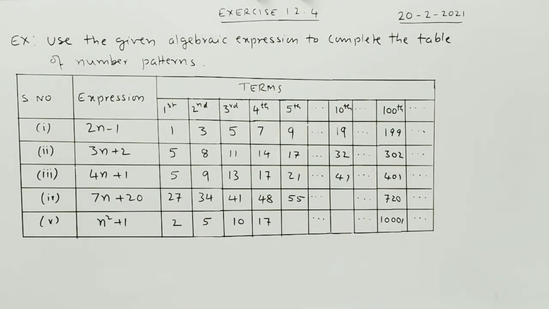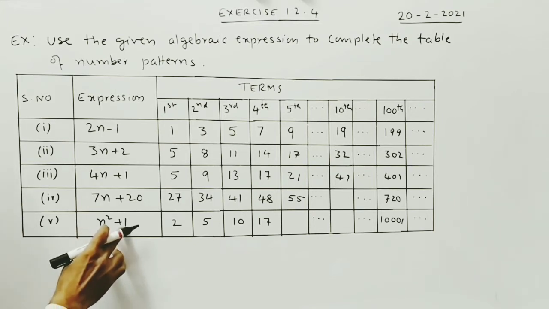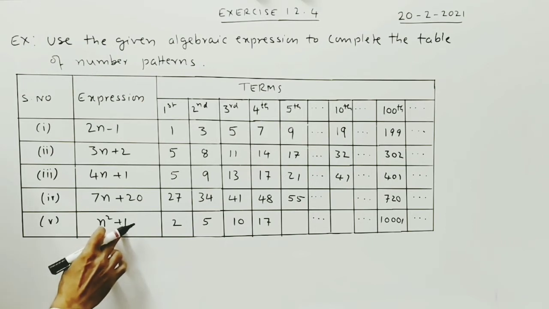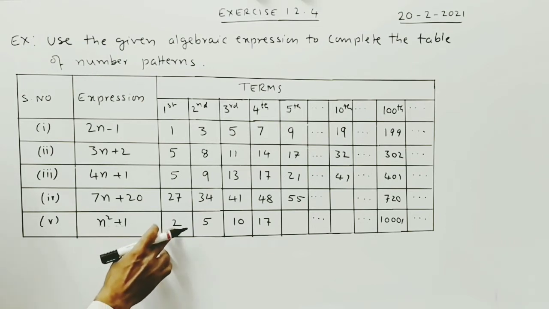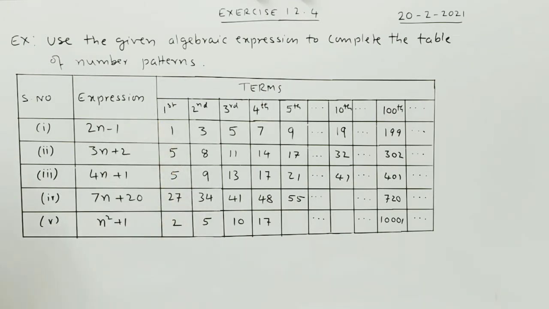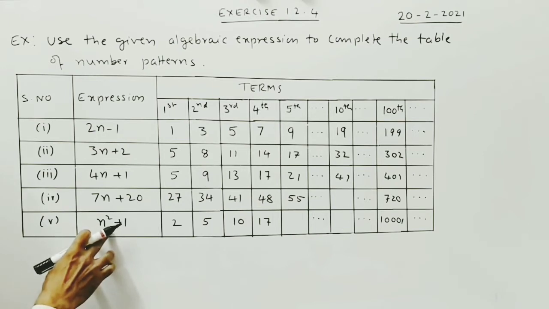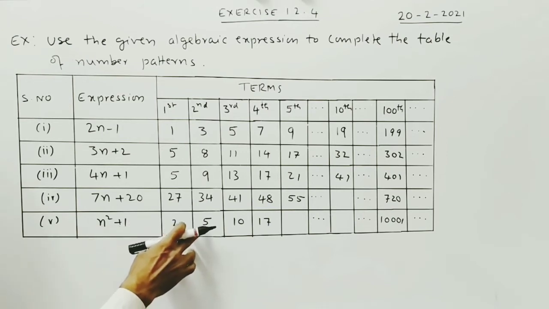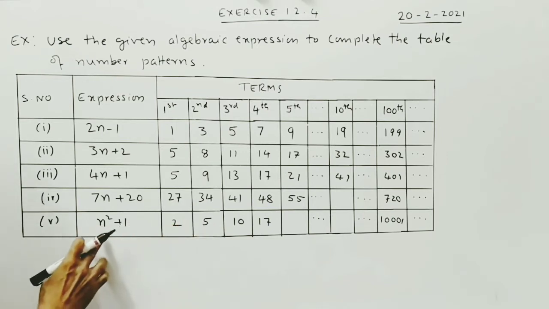Next expression, that is n square plus 1. When n is equal to 1, 1 square plus 1, we will get 1 plus 1, that is 2, first term. When n is equal to 2, 2 square plus 1, 4 plus 1, that is 5.